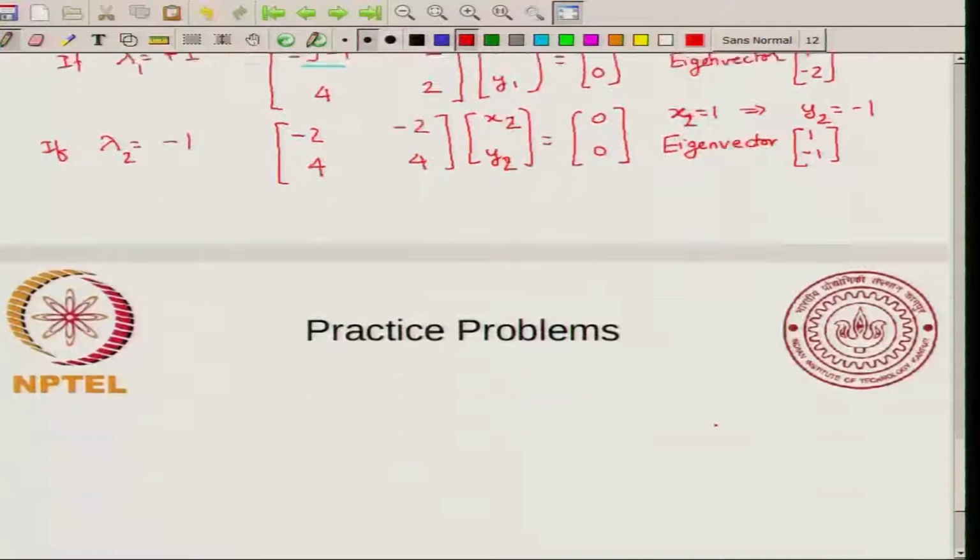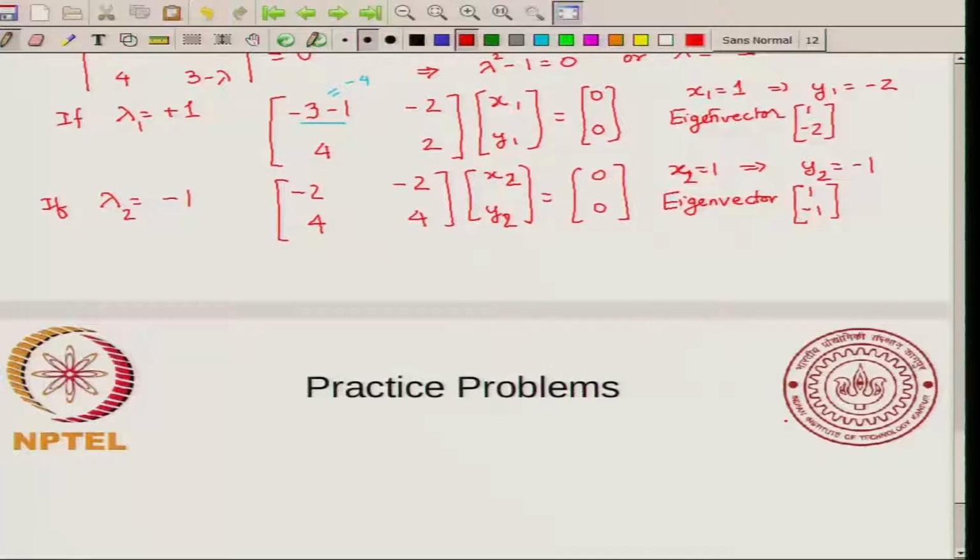Okay. So the general solution is in the following form. So the general solution is this: x y is equal to, so what I do is I take the first eigenvector, which is 1, minus 2, multiplied by C1, and then I put the e raised to this eigenvalue lambda 1 t, okay.